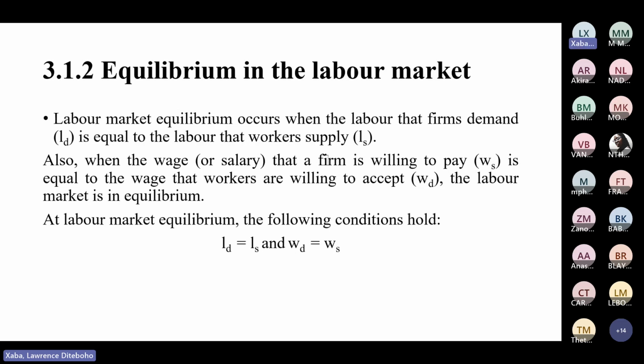So we are saying L subscript D equals L subscript S, and we have W subscript D equals W subscript S. And like I said, if you look at the equations, they still appear the same as when we started the first unit, where we were discussing demand and supply functions. We are still going to have similar functions and do the same things. The idea is still the same, just that we are applying it in a different environment, but we are still following the same concept.